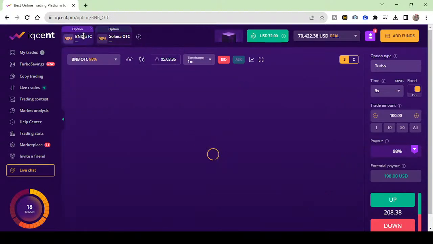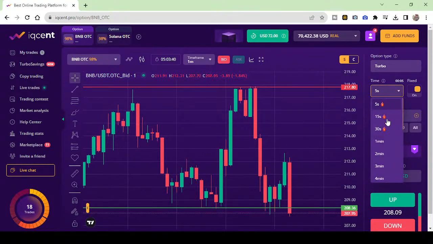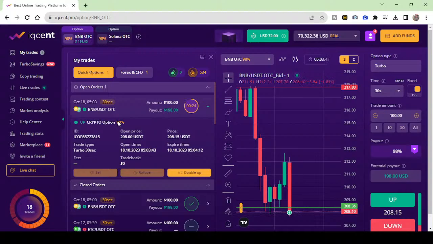Let's continue with Binance coin. We are down again. Let's put a 30. If we reach it there, we're in. So that's our second trade of the day. Now let's just wait 20 seconds to see if this will be a winner also.